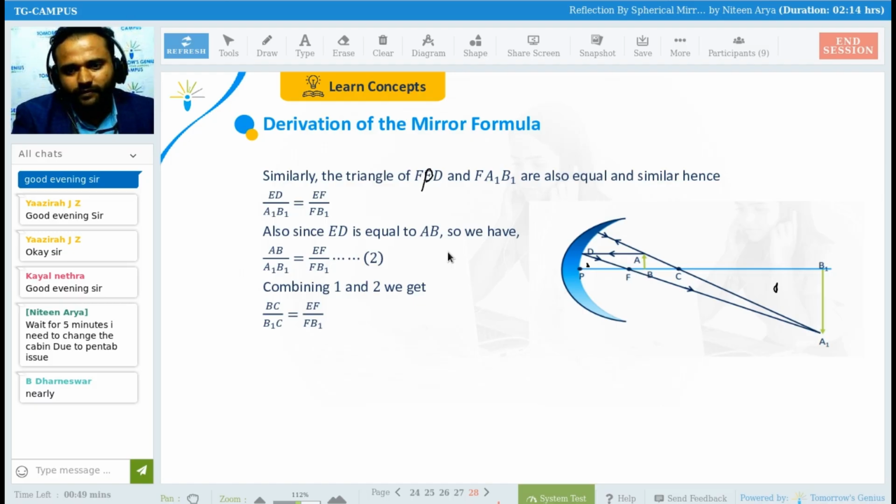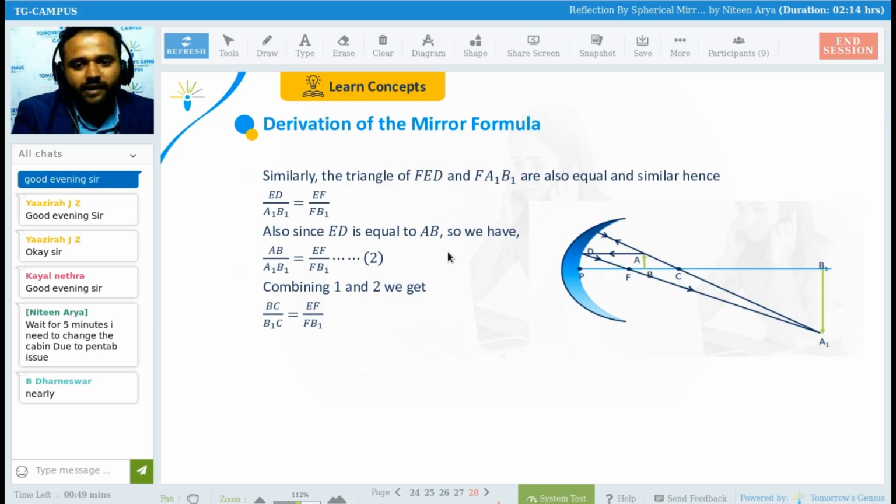Now, what is EF? What particular thing do they describe in this EF? Where is E in this triangle? Wait a minute. See, this is EF. I can do one thing.